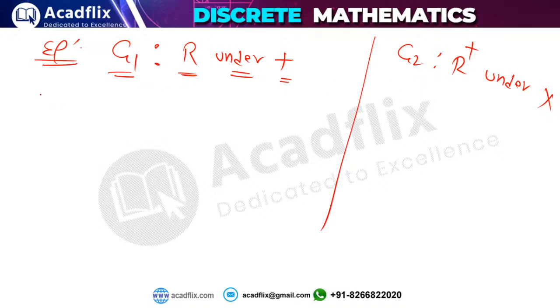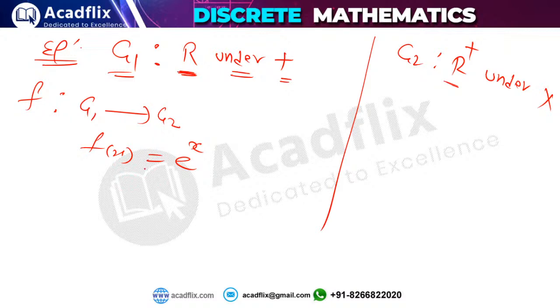Now I am going to give you a function f from G1 to G2. Basically, from this base set to this base set. What is this function? f(x) is equal to e power x. This is the function I am giving.